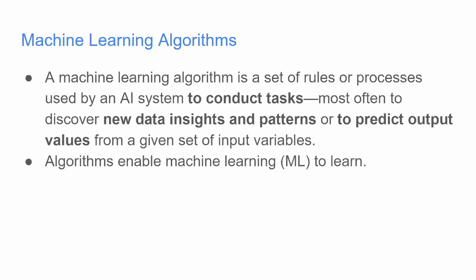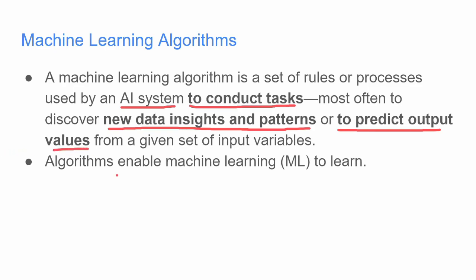Then if we go with the machine learning algorithms, a machine learning algorithm is a set of rules or processes used by an AI system to conduct tasks, most often to discover new data insights and patterns, or to predict output values from the given set of input variables.